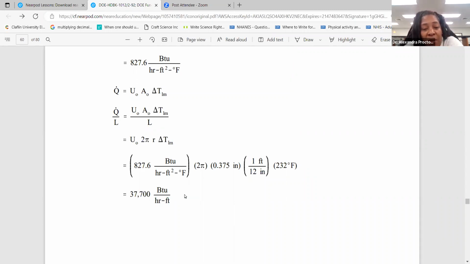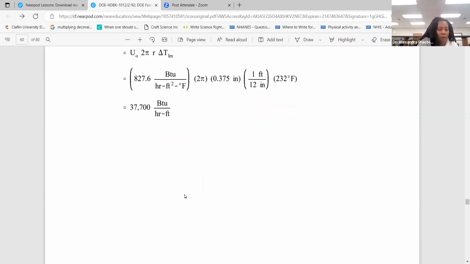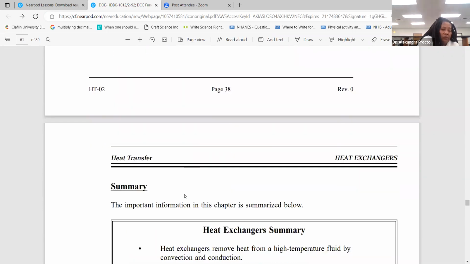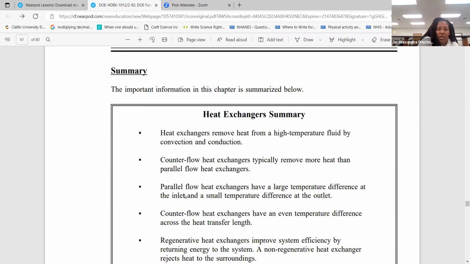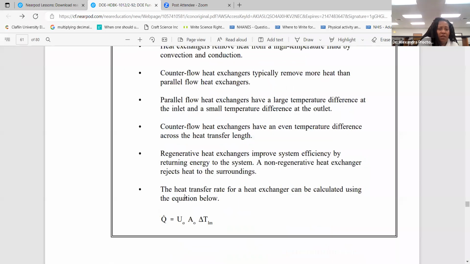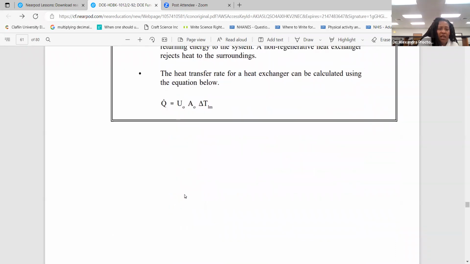And then they multiplied it by the conversion factor, 1 foot over 12 inches, times 232 degrees Fahrenheit to give you a value of 37,700 BTU per hour foot. So take your time and put your equations on this summary sheet.